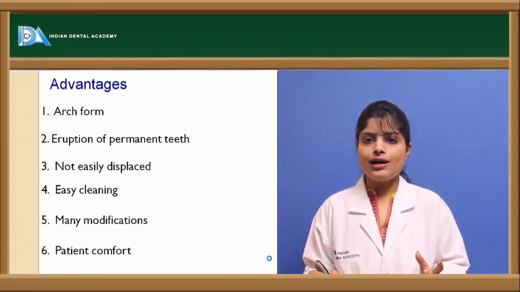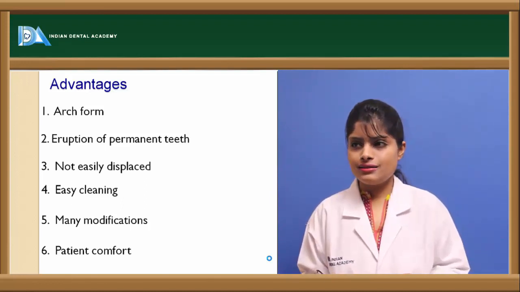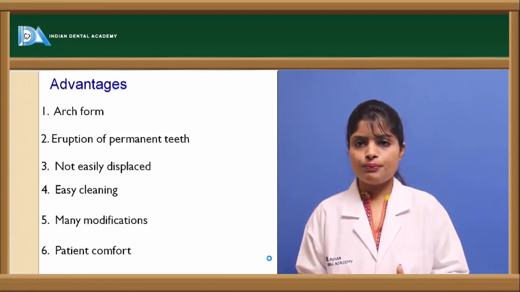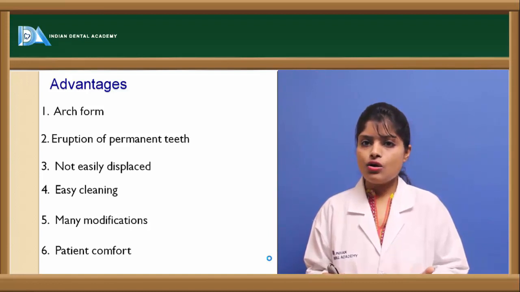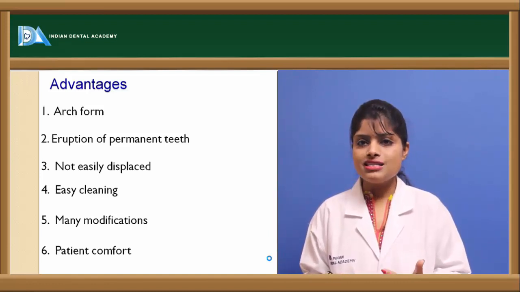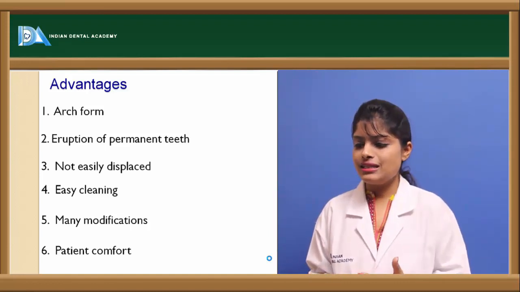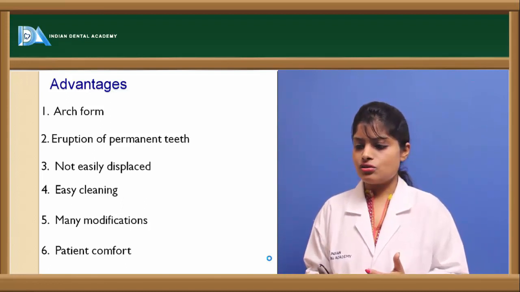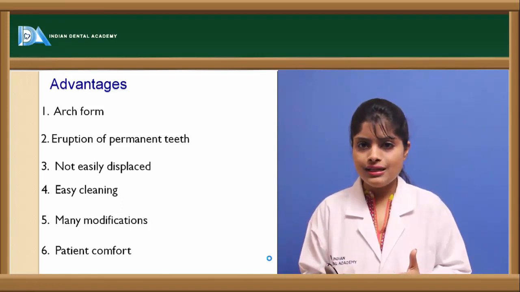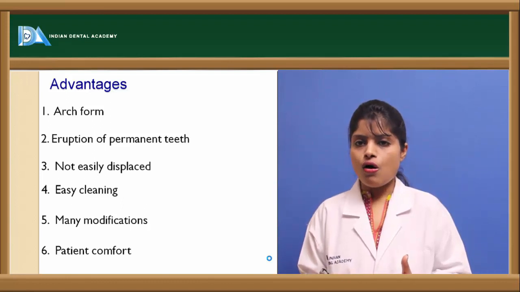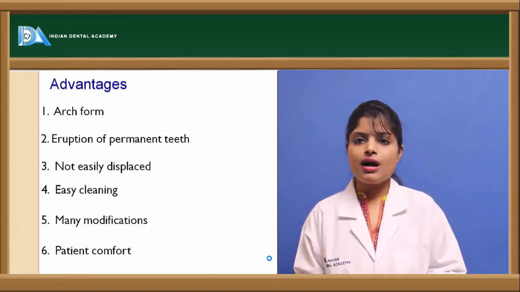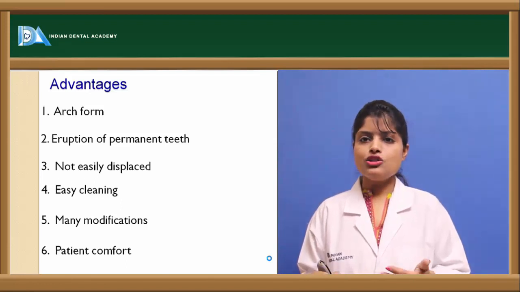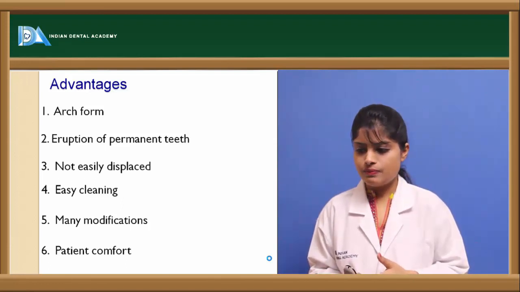Now, what are the advantages of the same appliance? It preserves the arch form or the integrity of the dental arch. It can also be used in the multiple loss of primary teeth in the dental arch. It maintains the perimeter of the arches, particularly the mandibular arch, in the case of premature loss of multiple teeth.